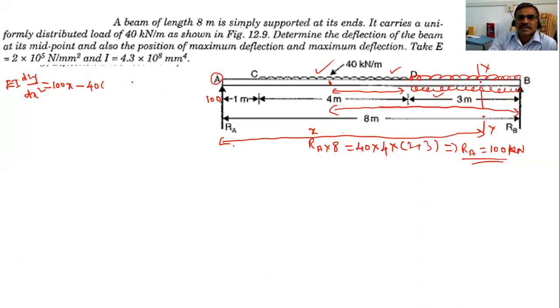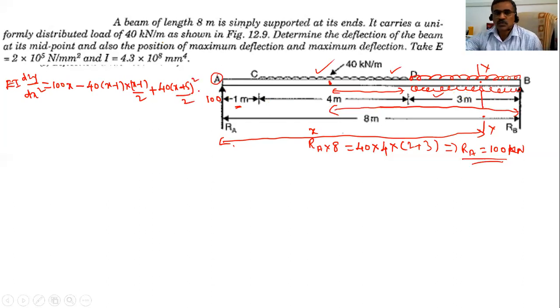Then what is the distance? That is x minus 1, so here you got to minus this 1. So x minus 1 into distance, x minus 1 by 2. Then again plus, this is acting in the upward direction, this is a clockwise moment, so that is 40 into x minus 5 into x minus 5 by 2, that is x minus 5 whole square by 2.